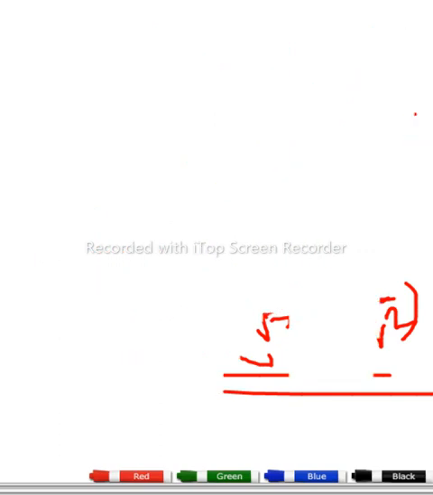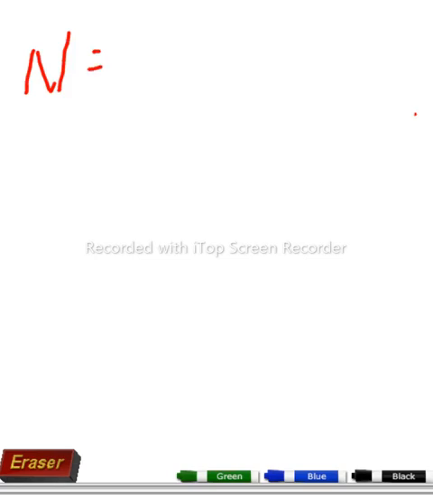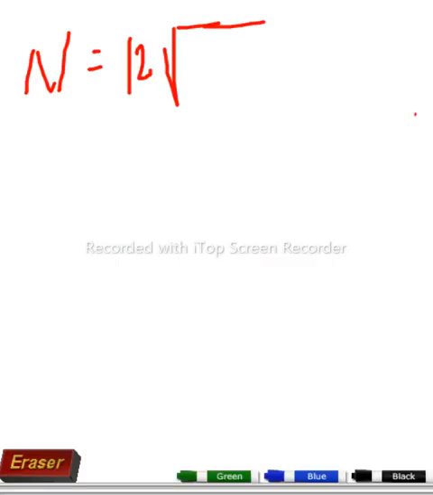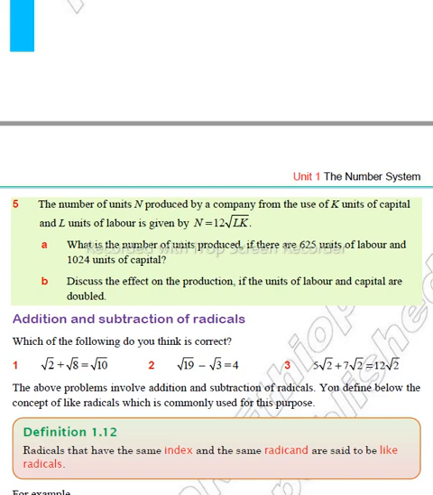We have N equals 12 square root of LK. L is labor and K is units of capital.